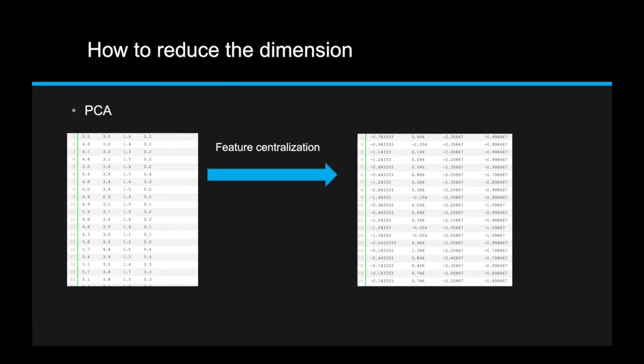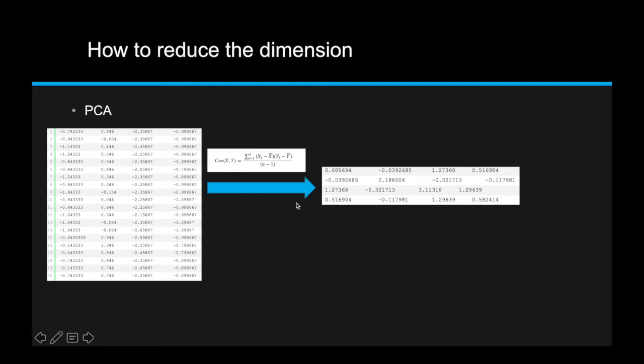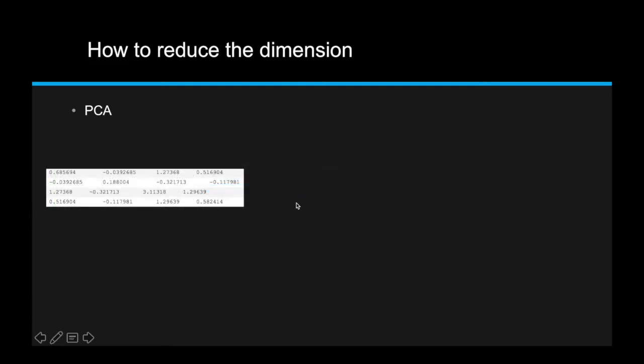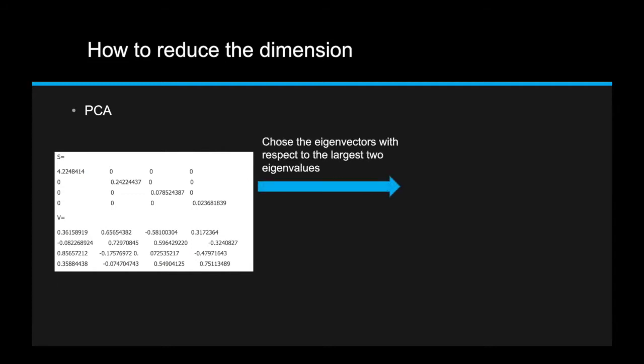Secondly, calculate the covariance of the matrix and get the covariance matrix, matrix B. Thirdly, calculate the eigenvalues of the matrix B. At last, choose the eigenvectors with respect to the biggest eigenvalues.